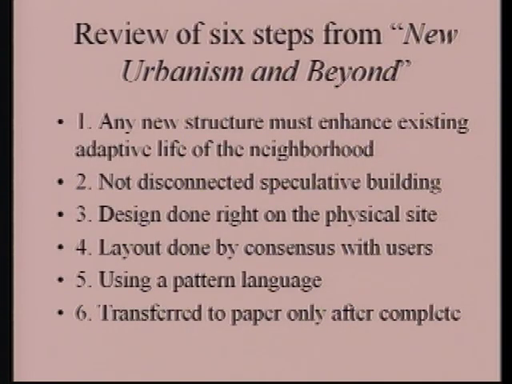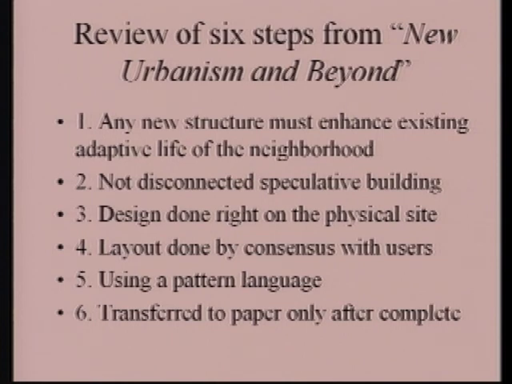Let me review 6 steps from our chapters. Of course, in this book there are different methods proposed, so I'm going to review what is in our 2 chapters. A simplification of techniques that will serve as an introduction to our method.